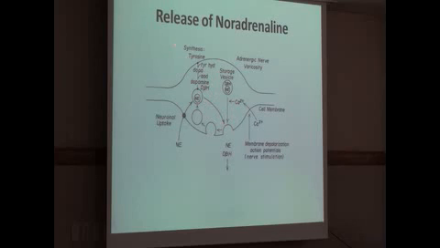So I repeat, uptake of an amino acid, synthesis to the transmitter, storage in the vesicle. When the nerve ending is activated, there is an increase in calcium, and this makes the vesicle move to the cell membrane, fuse, and spit out the noradrenaline that then can diffuse. Now, we will see in a moment that noradrenaline here can also be taken up again by the nerve ending and restored in vesicles.